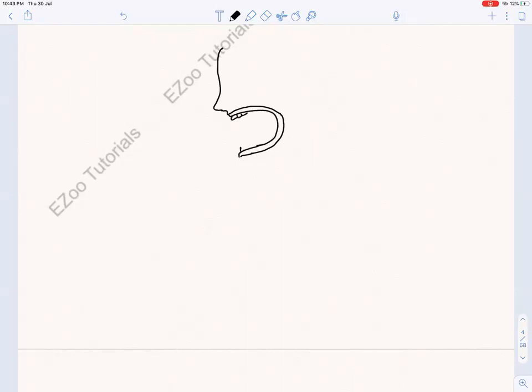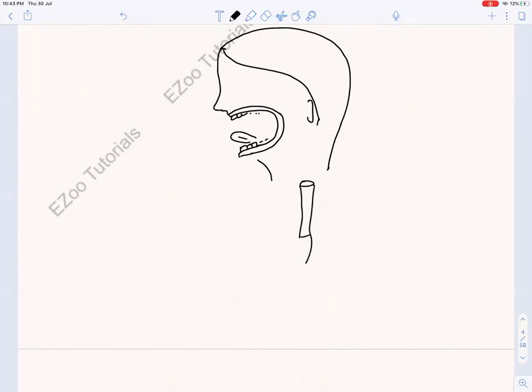These are the teeth, not only 6 teeth, other teeth are present too. And this is the tongue. Why I'm drawing the whole structure, you will understand very soon. And from here, this is the esophagus, the food pipe going down.